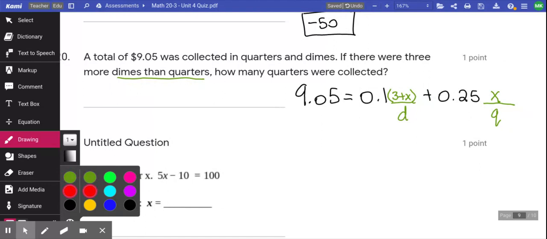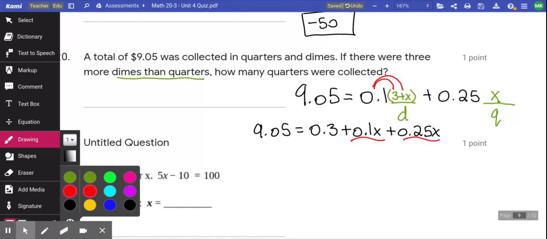Because there's brackets, I need to multiply into the brackets. That gives me 9.05 equals 0.3 plus 0.1x plus 0.25x. I collect my like terms, those two right there. Gives me 9.05 equals 0.3 plus 0.35x.